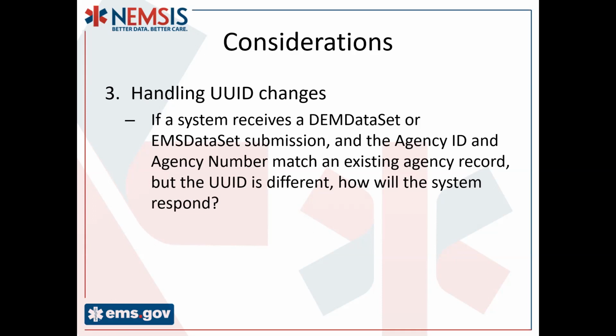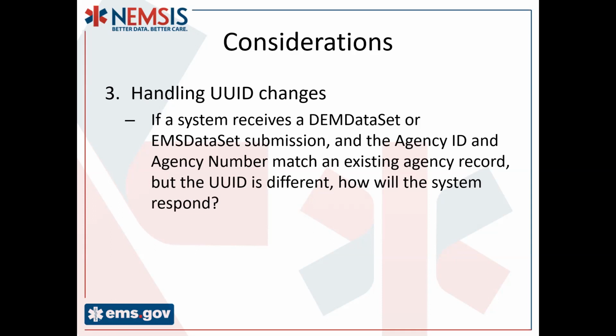So the agency 101, they switched software vendors. Their new software product generates its first demographic data submission, or its first PCR, and so it submits that data. The agency ID and agency number are both 101. That's great, but it's a UUID that the state system hasn't seen before.